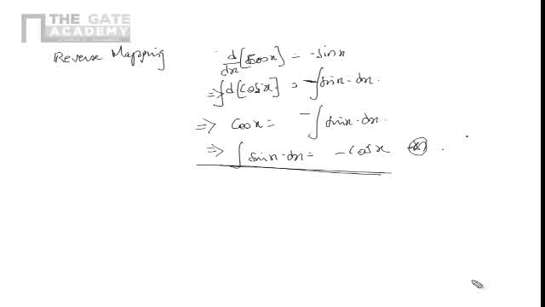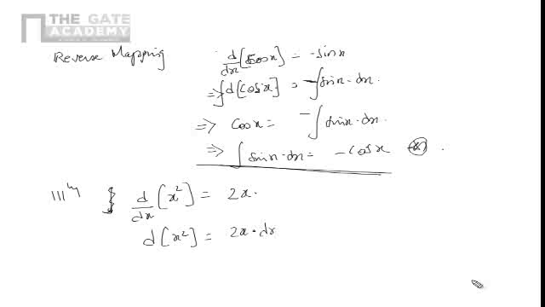Similarly, we start with the differentiation, right? Differentiation of x square is 2x. Correct? So differentiation of x square is 2x dx.